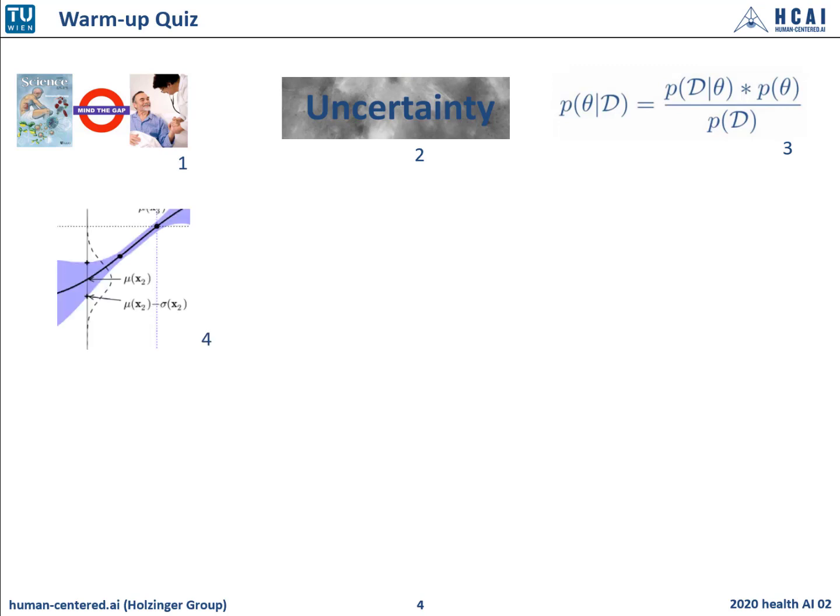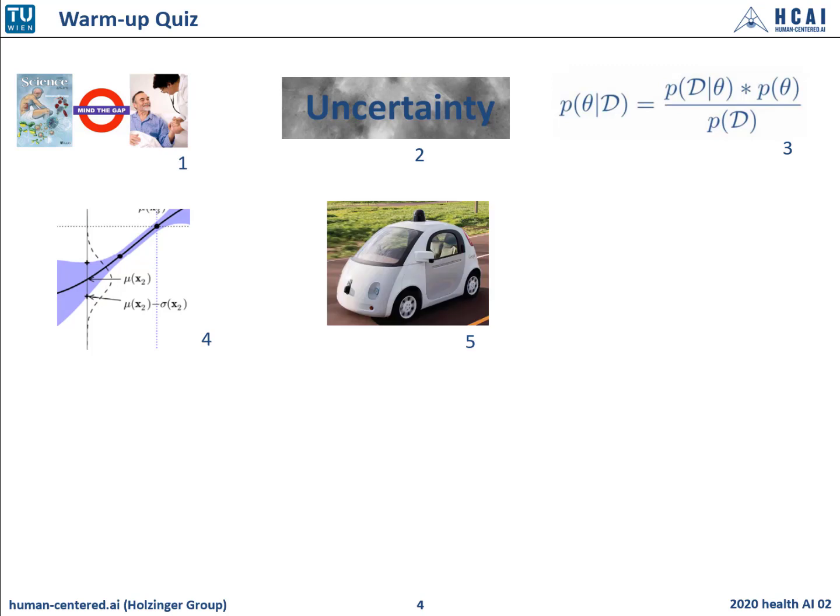When you look at this image, number 4, where is the highest certainty in this image and how is the degree of uncertainty described? Quiz image number 5. Why is autonomous driving for us a super practical example for automated or autonomous machine learning?